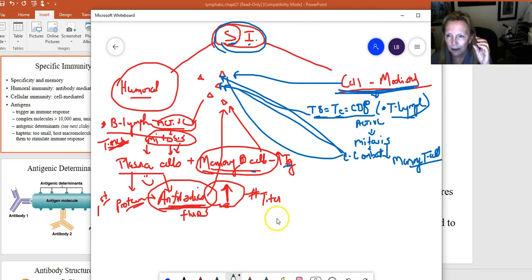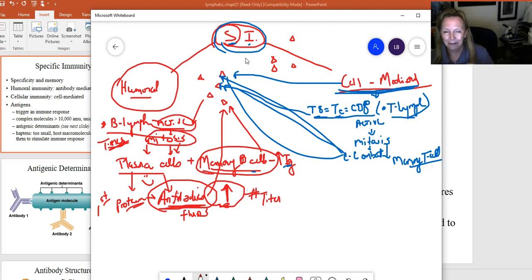Now, that's beautiful. But I need to tell you about some more cells. In specific immunity, you might be wondering, how do we ever know, what alerts us that there were these foreign antigens that entered? Maybe they entered through your eye because you rubbed your eye or your nose.